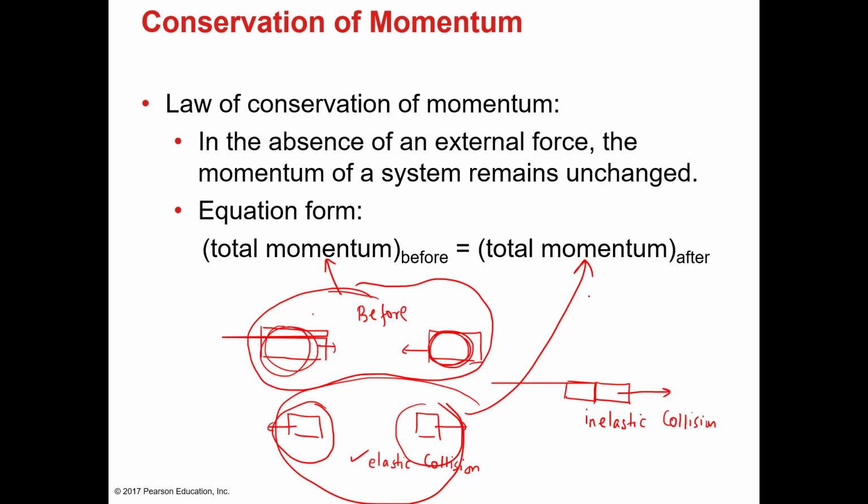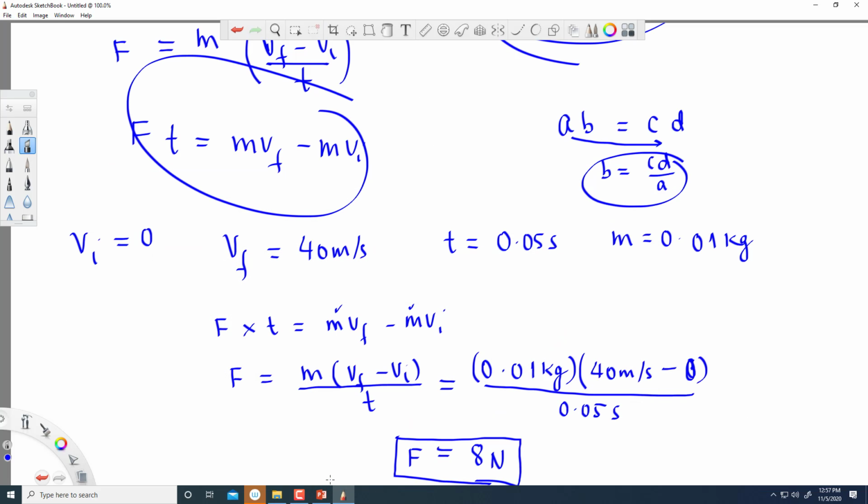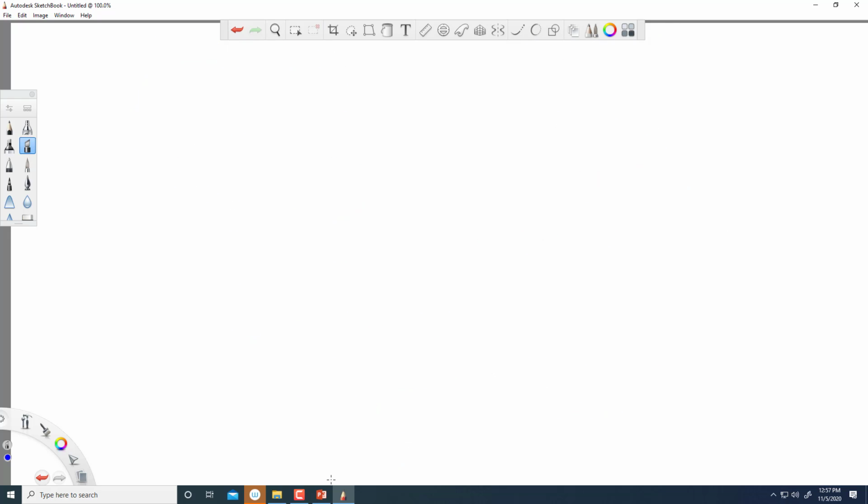That's the law of conservation of momentum. Okay. So let's see an example, and that will make things more clear. Let's look at number 3. So read question number 3.